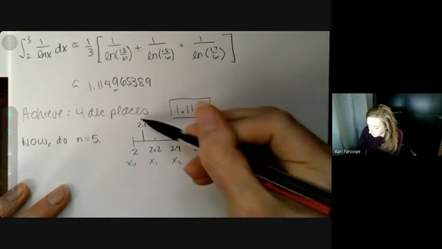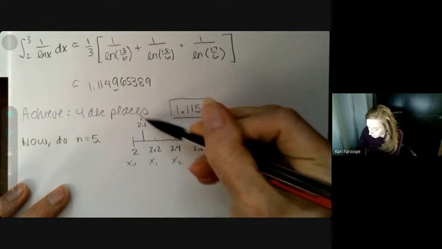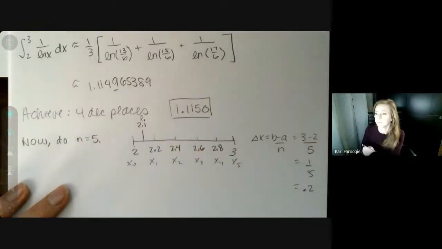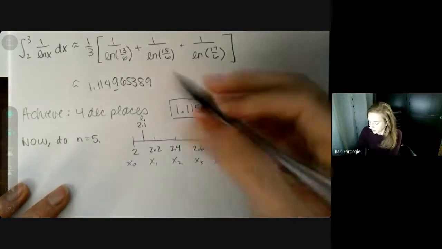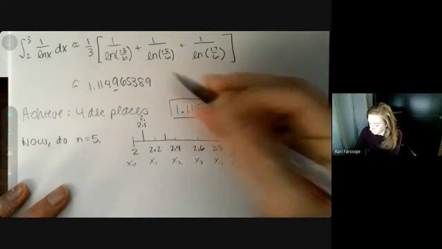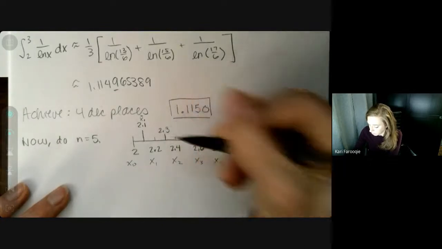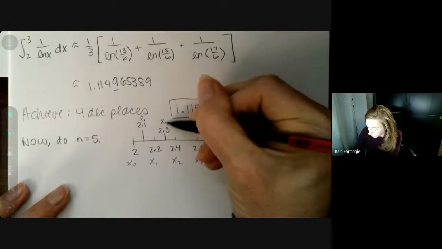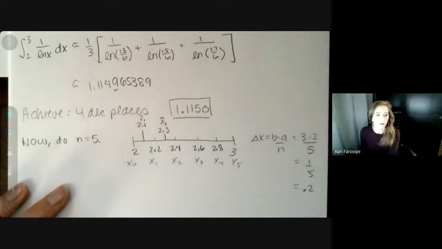And this guy right here is x sub 1 bar. And then in between x sub 1 and x sub 2, well, the in-between value there is 2.3. So you even have less work to do here for n equals 5 than you do with n equals 3. So you have more data points, but they're easier to obtain.